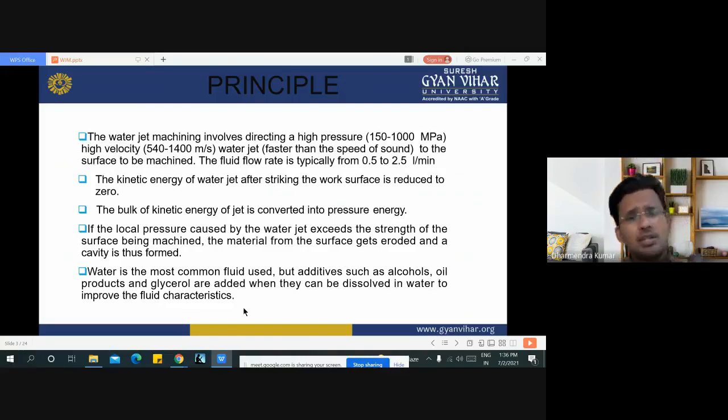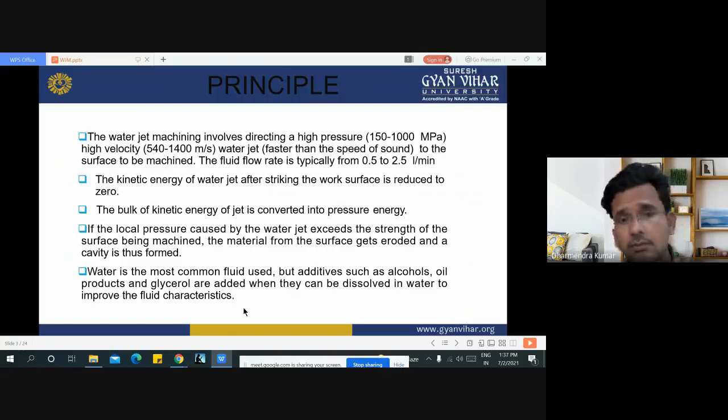The kinetic energy of the water jet after striking the work surface is reduced to zero. The bulk of the kinetic energy of the jet is converted into pressure energy. If the local pressure caused by the water jet exceeds the strength of the surface being machined, the material from the surface gets eroded and a cavity is thus formed.